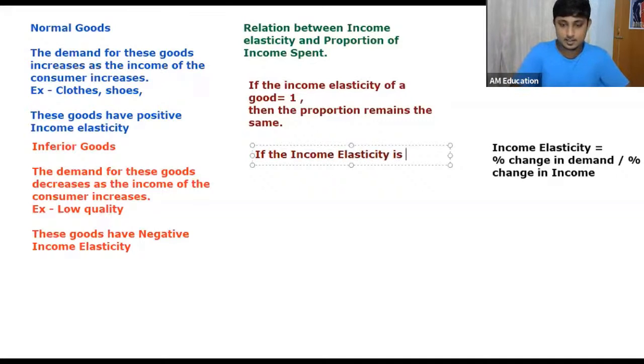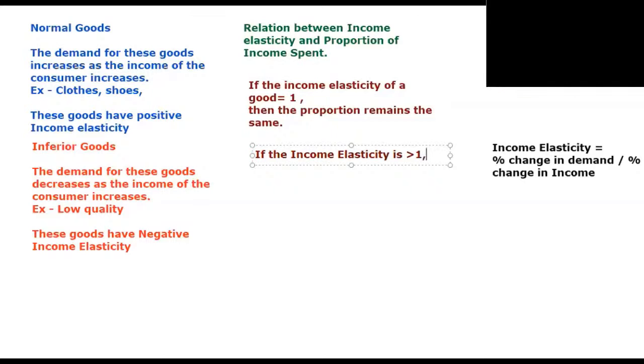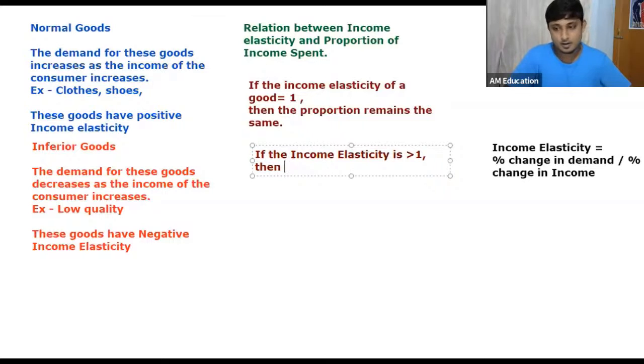Next, if the income elasticity is greater than 1, then what happens? Proportion of income spent increases. Are you sure? As income increases, exactly. So if the formula is saying that it is a number more than 1, what is it telling?